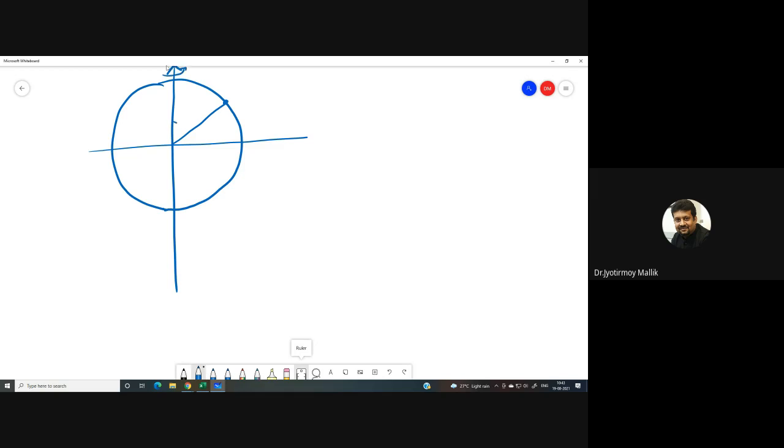So this is theta, the co-latitude. This is lambda, which is my latitude. This is r, and this distance is x. And this is AC, which is my centrifugal acceleration.